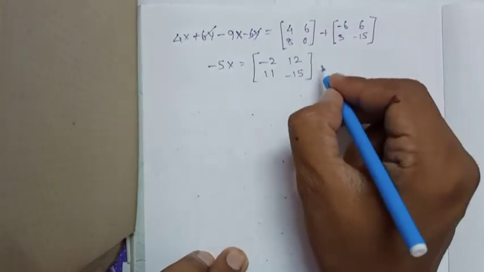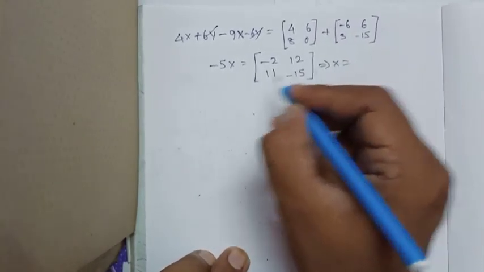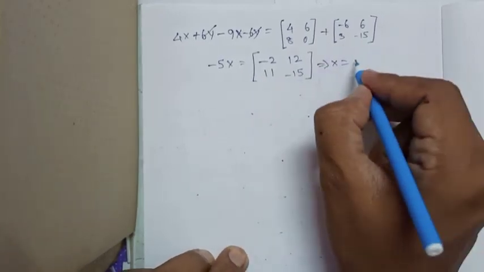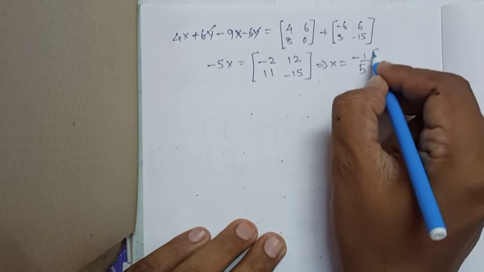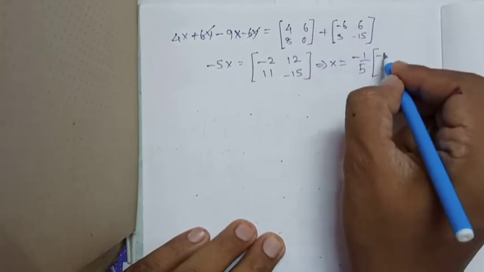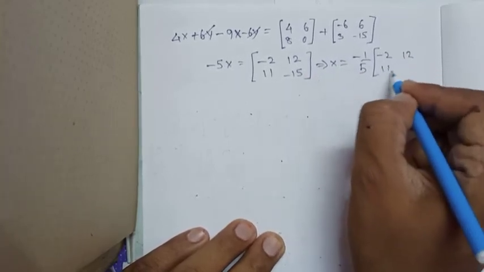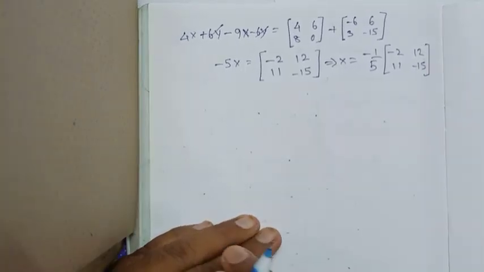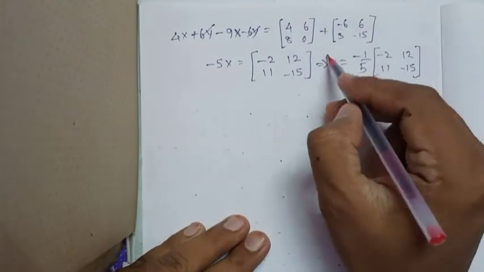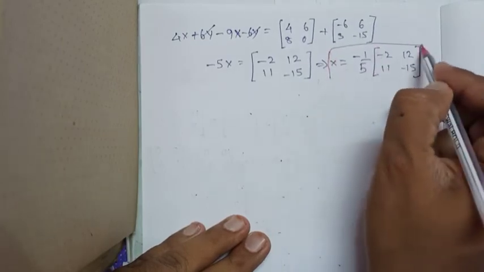We need the x value, so x is equal to minus 5, shifted to the right side, we get minus 1 by 5 into the matrix minus 2, 12, 11, minus 15. So this is the x value.